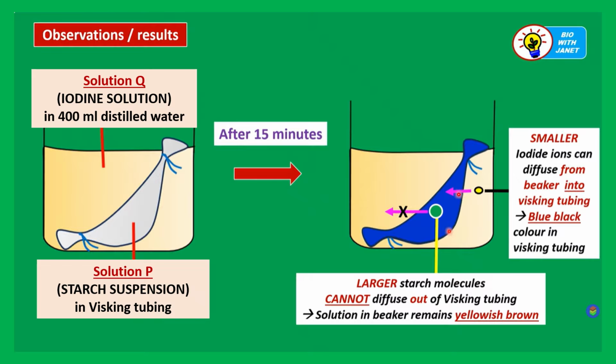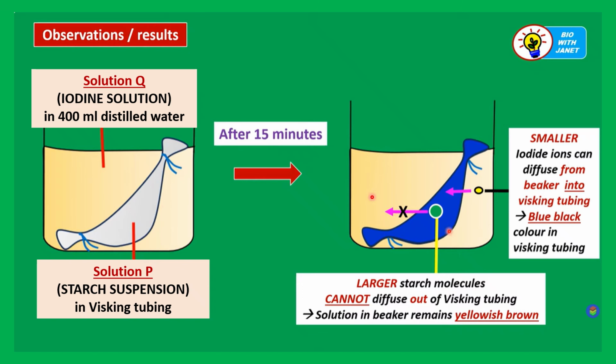They can pass through the membrane of the whisking tubing, which has tiny pores, because the iodide ions are small enough to pass through the pores of the whisking tubing, right? So that's why the iodide ions or the iodine, just call it iodine molecules, will react with the starch and form a blue-black color in the whisking tubing.